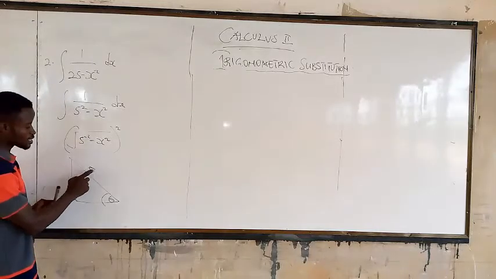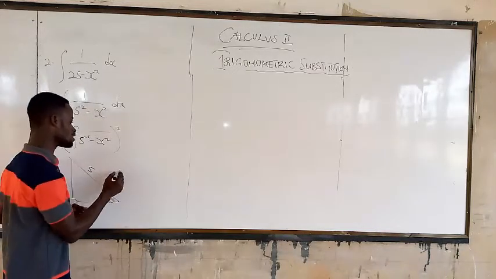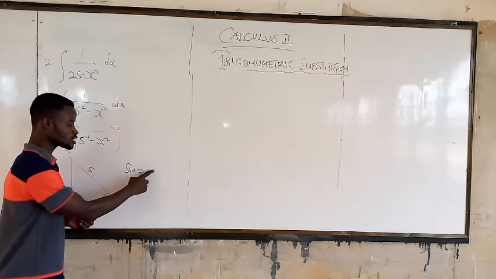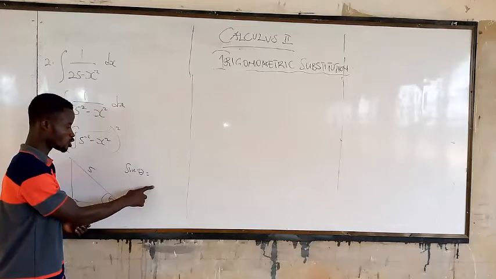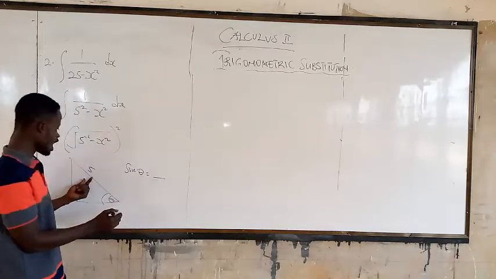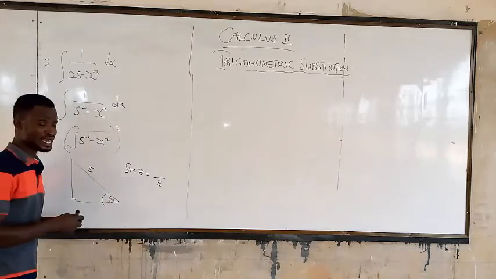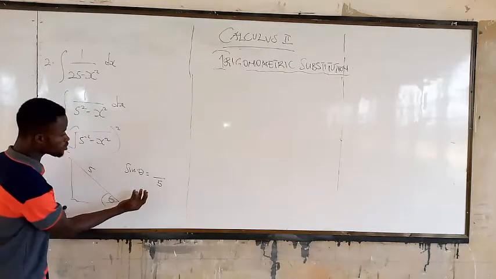And if the 5 is here, then sine theta is what? Opposite over hypotenuse. And the hypotenuse is 5. Then we want to get something like s over a constant.